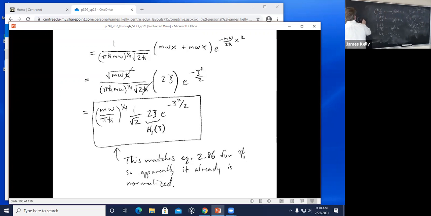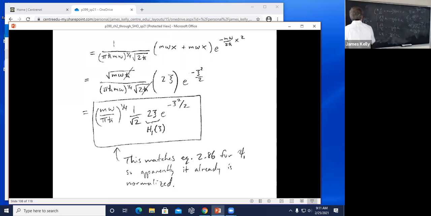Xi is equal to the square root of m omega over h bar times x. And I have something that looks like a 2m omega x here. So I'm going to rewrite the m omega x part, accepting the 2 that's sitting in front of it, in terms of xi. In order to turn this m omega into a xi, let's see, maybe I don't want to do it in my head.